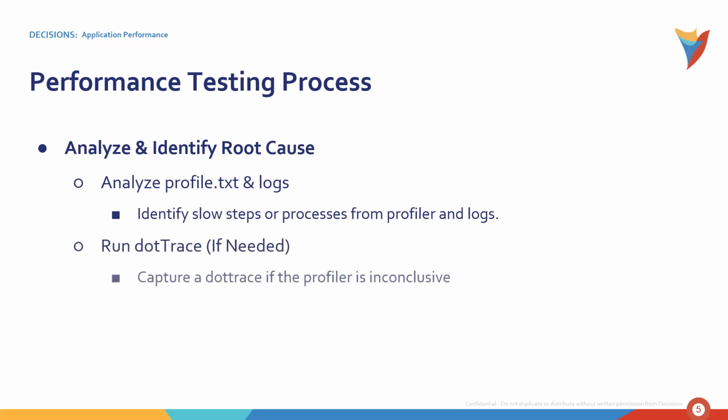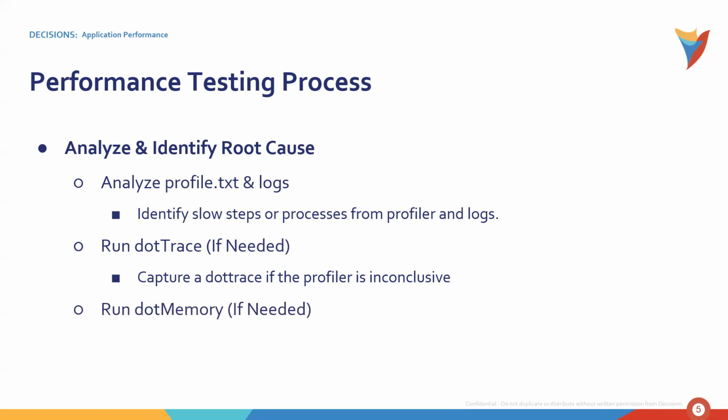Apart from that, let's say the profiler.txt that was downloaded is inconclusive. It's not giving me any direction on what's causing the slowness. So we should also go ahead and run dot trace.